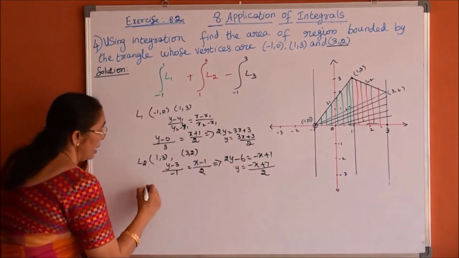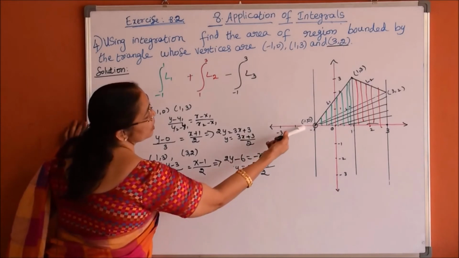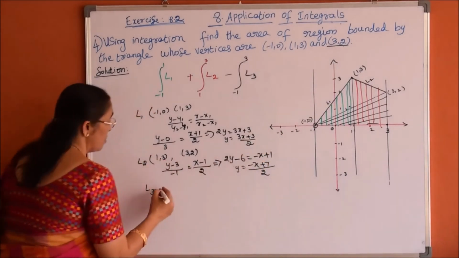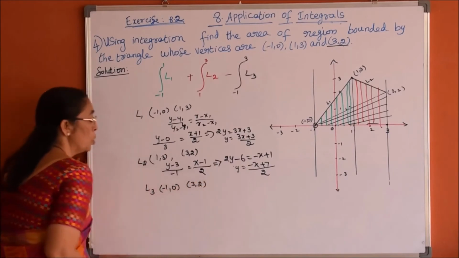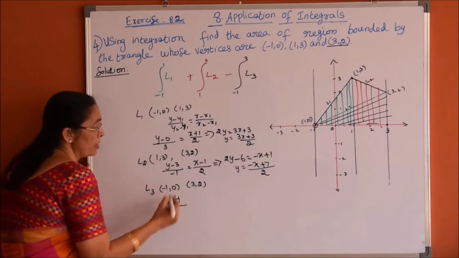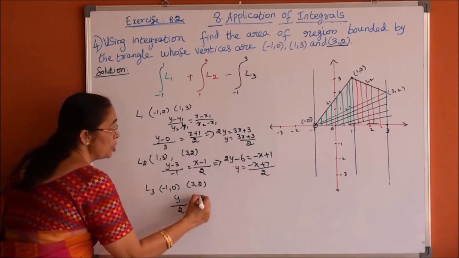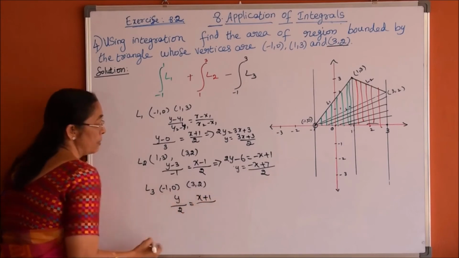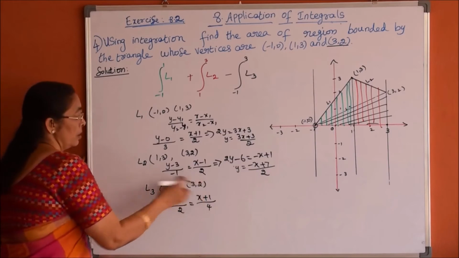Now, L3 equation. L3 is passing through the points (-1, 0) and (3, 2). Again applying the formula, (y - 0)/(2 - 0) = (x + 1)/(3 + 1), that is, divided by 4.